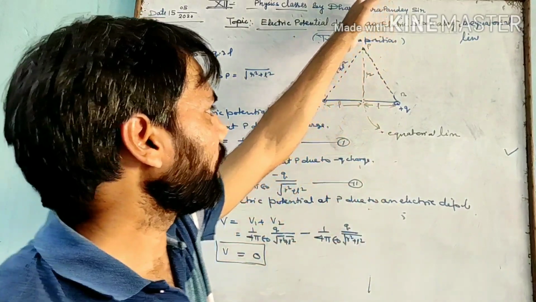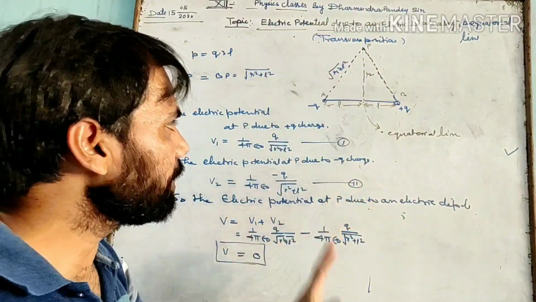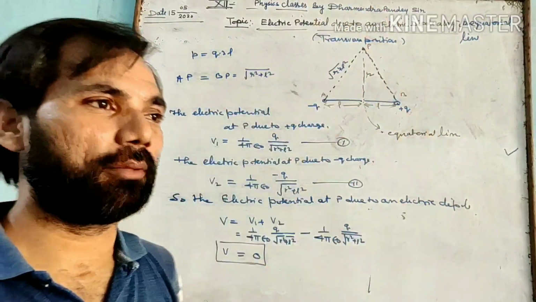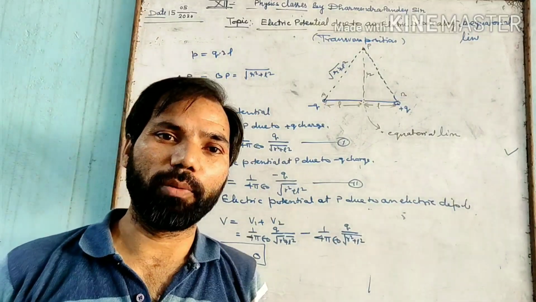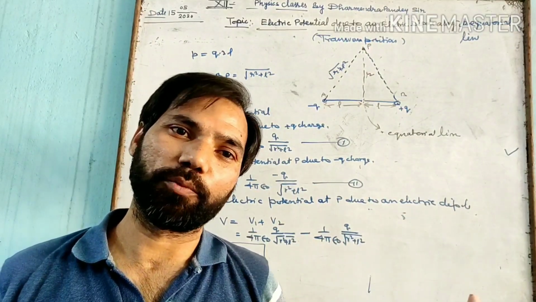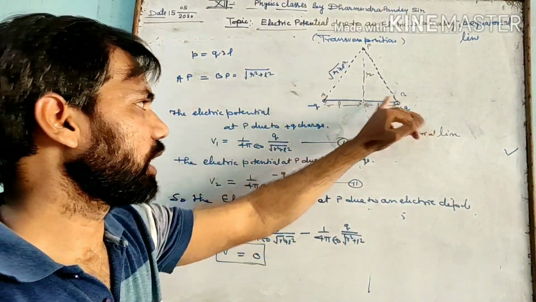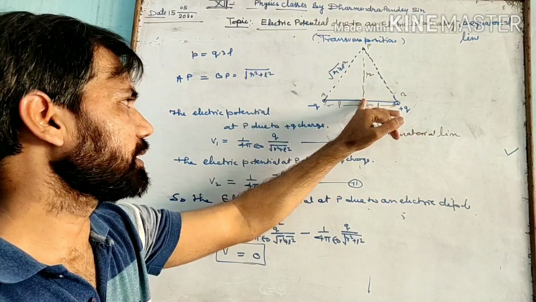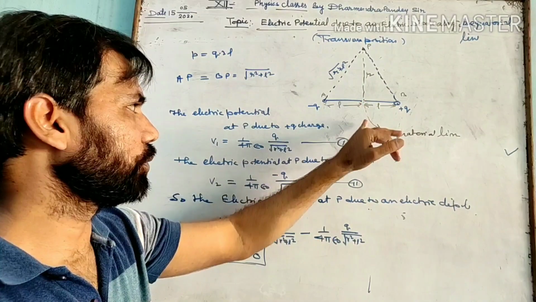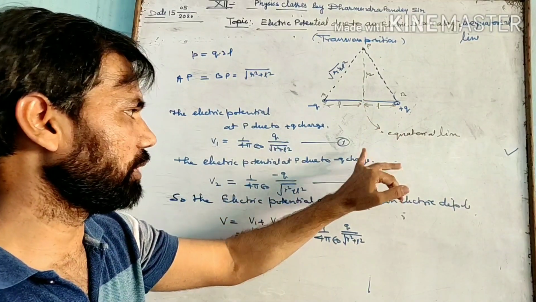इस equatorial line के किसी भी point, इस पर कोई भी point लें, if we take any point, we will find that there is no electric potential at this point because this point is at midpoint. So here the potential is 0, here the potential will be 0, here the potential will be 0.